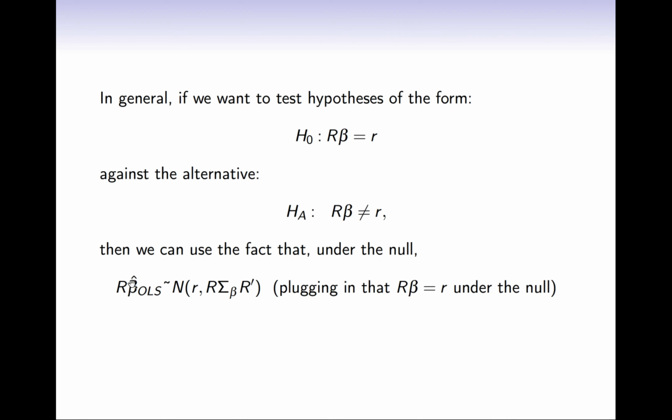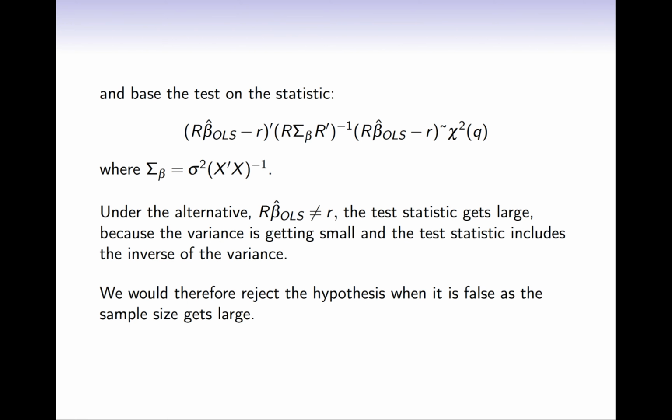But if R involves more than one row, so you have multiple restrictions, then you can't just do a normal test. In that case, you have to do a chi-square test. But for the case where there's one restriction, so Q equals 1, you have the choice to do a normal test or a chi-square test. And this chi-square statistic is actually just going to be the normal statistic squared. So for example, 1.96 squared is the cutoff for a chi-square with 1 degree of freedom.